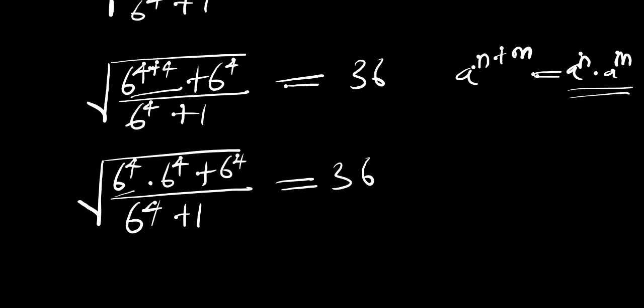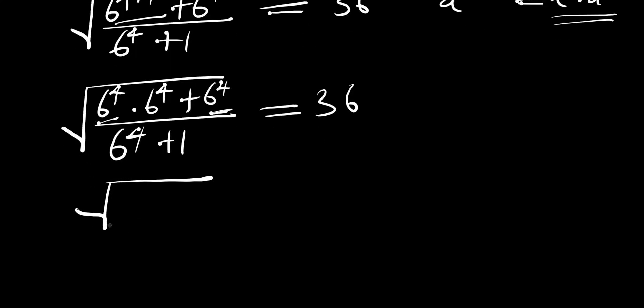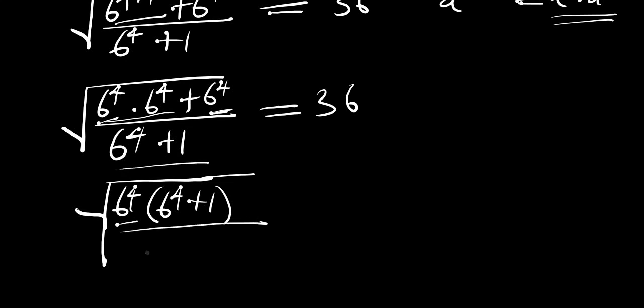Then we have 6 to the power of 4 here, and we have 6 to the power of 4 here. We can factor that out. So we have square root of 6 to the power of 4 into, if you divide the whole of this by 6 to the power of 4, you are going to have 6 to the power of 4 plus 1, divided by, here we have 6 to the power of 4 plus 1 as well.